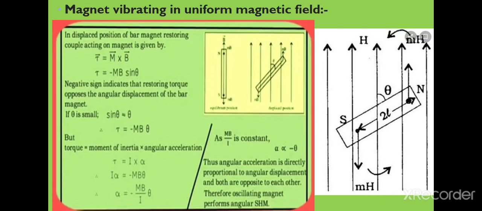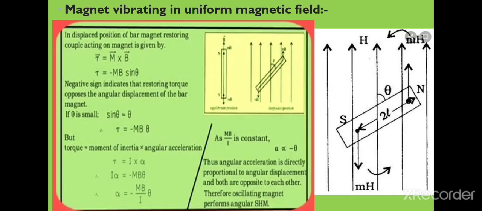Therefore, I alpha is equal to minus MB theta, where alpha is equal to minus MB divided by I into theta. As MB divided by I is constant, alpha is directly proportional to minus theta.